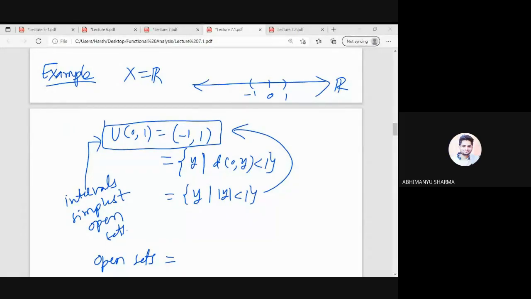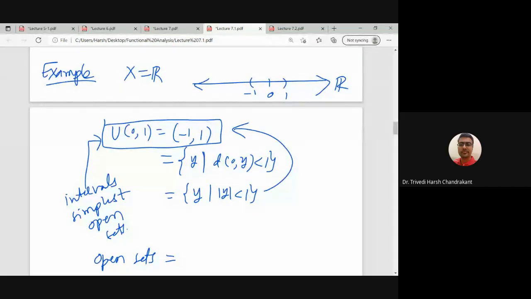Let S be a set, then S will be an open set if for every a belonging to S there is delta greater than 0 such that (a minus delta, a plus delta) is a subset of S. So basically what you are saying is that it is a union of open intervals.